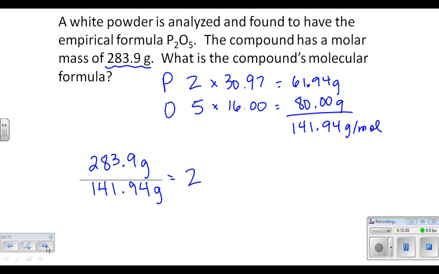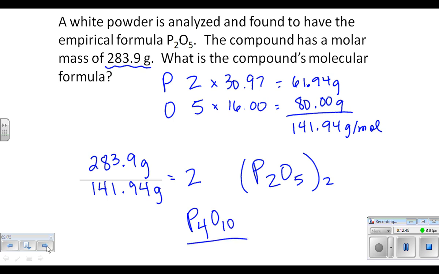So that means that my whole formula, P2O5, has to be multiplied by 2. So when I do that and multiply all those subscripts by 2, it's now going to become P4 and O10. That's going to be my molecular formula.